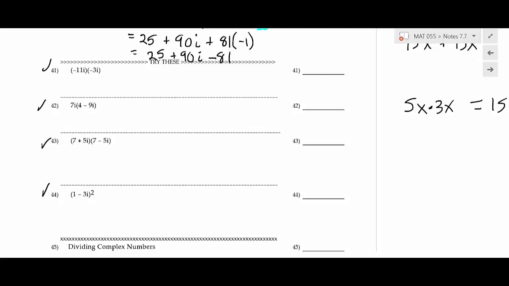Correct. Okay, that's good. Just write that as -33 plus 0. If there's not an i, be sure you put 0.